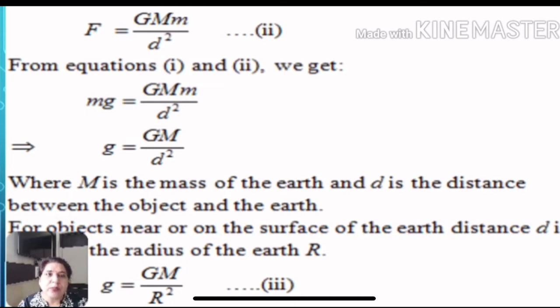When the object is near the Earth, the distance of the object from the Earth is approximately equal to the radius of Earth. So we can write d as R, and g = GM/R², where M is the mass of Earth and R is the radius of Earth.